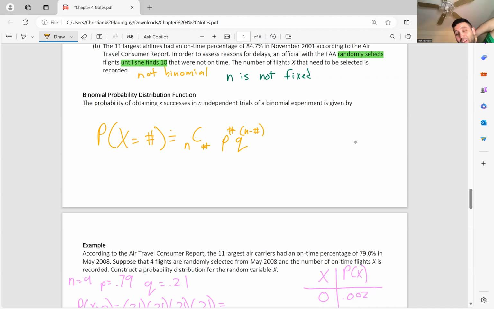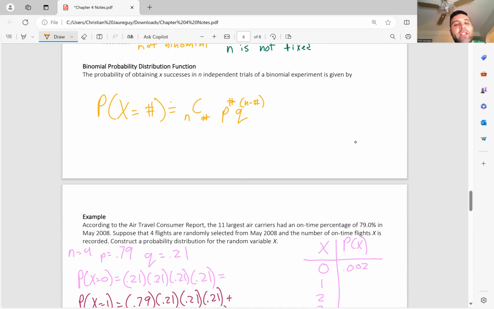Now that might feel terrible, right? And it looks terrible. How am I going to type this in? It doesn't feel right. But whenever there's a nice, neat formula, our calculator has a nice, neat function for it.